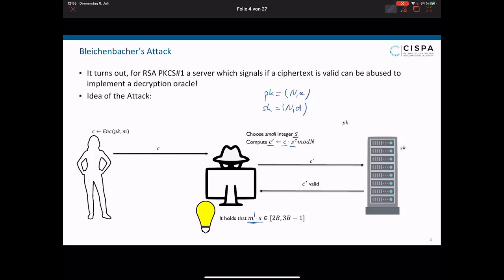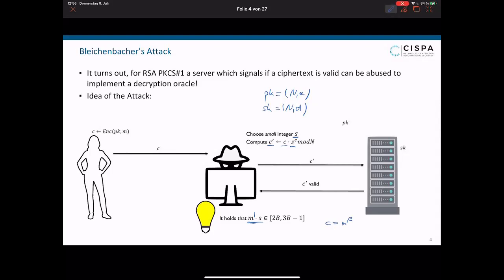And why is this the case? How do you learn that all of a sudden M prime times S is valid or is in this interval? Well, let's see. Our ciphertext C, I'm leaving the modulo n away for the moment, is just M prime to the E modulo n, right?